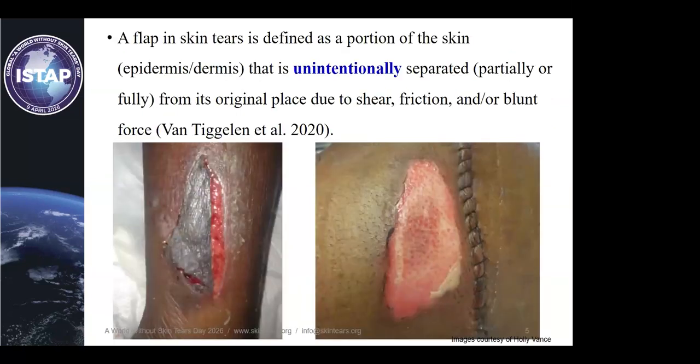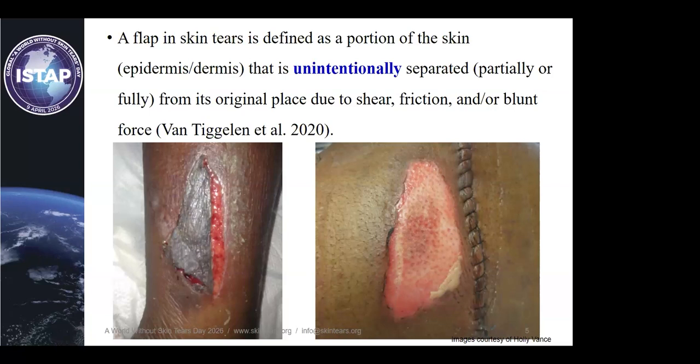In addition, we have defined a flap in relation to skin tears. According to Van Tegelen in 2020, a flap is a portion of skin, whether it includes the epidermis or the dermis, that is unintentionally separated, whether partially or fully, from its original place due to shear, friction, or blunt trauma.